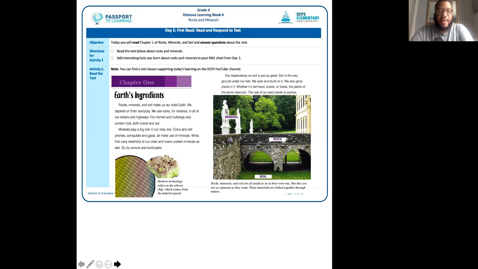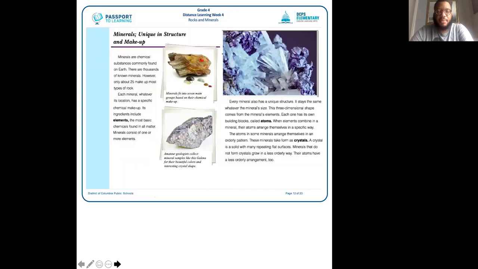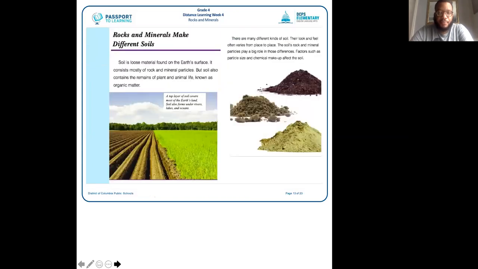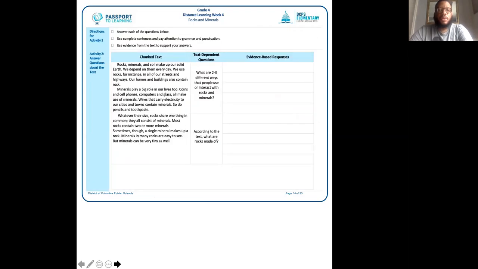So let's skip down to the text-dependent questions. The activity that we're doing today, after you have done your read aloud, is to answer each one of the text-dependent questions. We're also going to use complete sentences when we are answering these questions, and we have to use evidence from the text to support our answers.